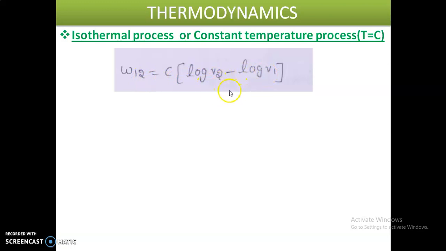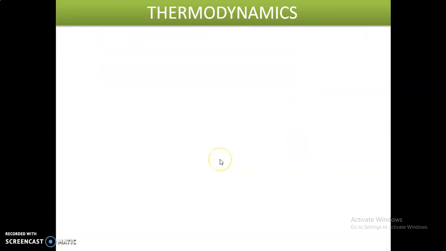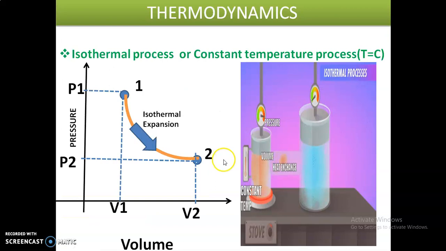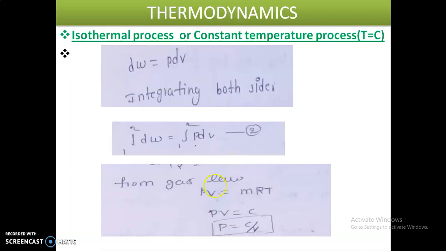So it looks like a logarithmic formula, log a minus log b, that is log a by b. So W 1-2 is equal to C into log V2 by V1. This is the work transfer formula. Where C is equal to what? C is equal to PV.